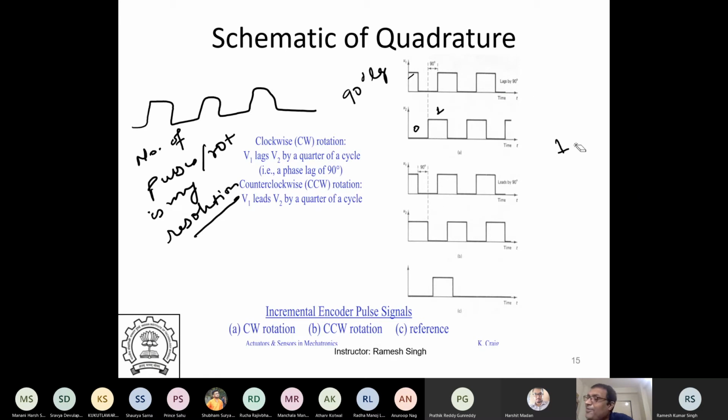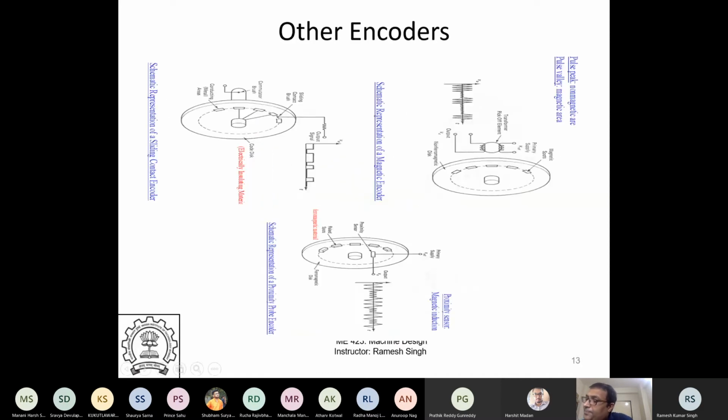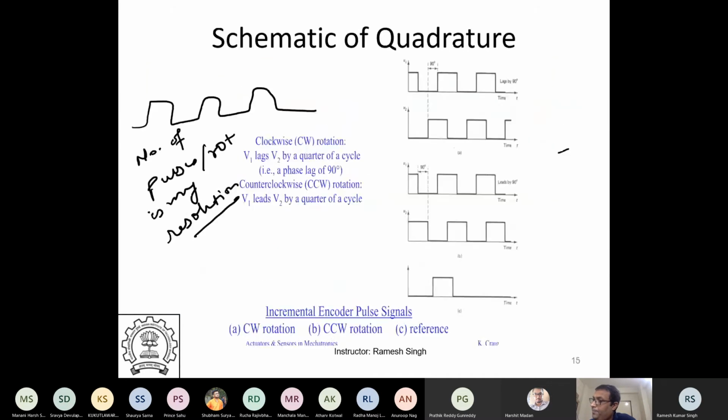But the moment I have this 90-degree lag, I get the first transition, so this is the first signal I get. The second signal I'll get here in this range. So there will be this transition, right? So I can count this and then 0. So there will be 1 and 0, the second one.